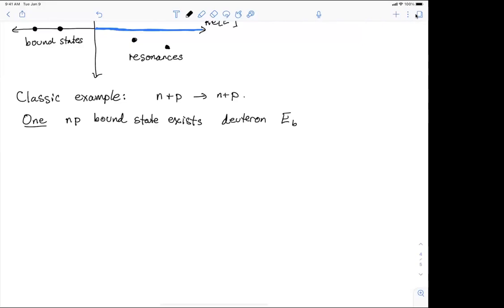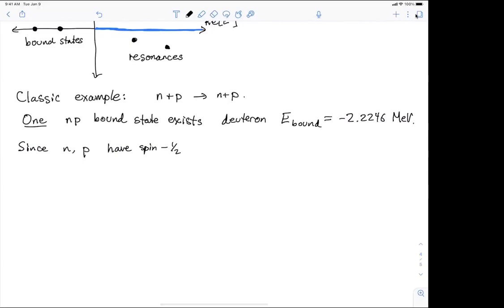The deuteron has a binding energy, E bound, which is negative 2.2246 MeV. And you could ask, what spin does it have? Since neutrons and protons both have spin 1/2, they're not identical particles.